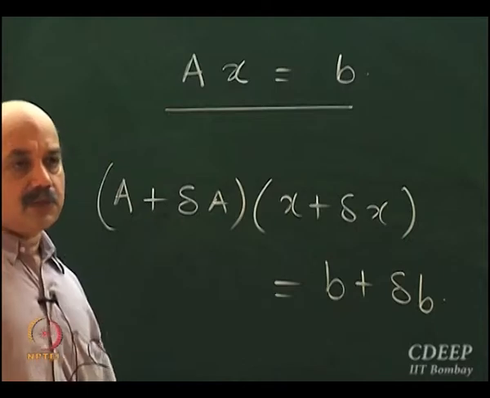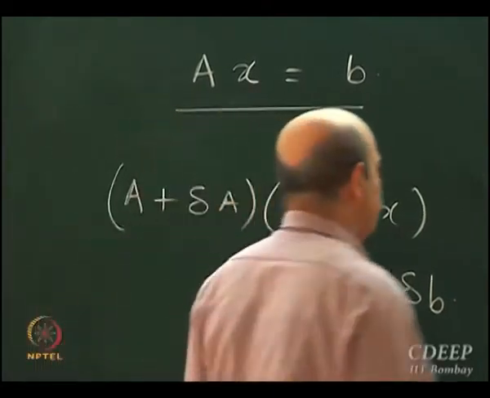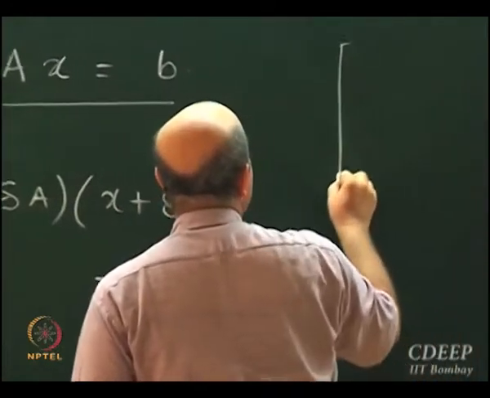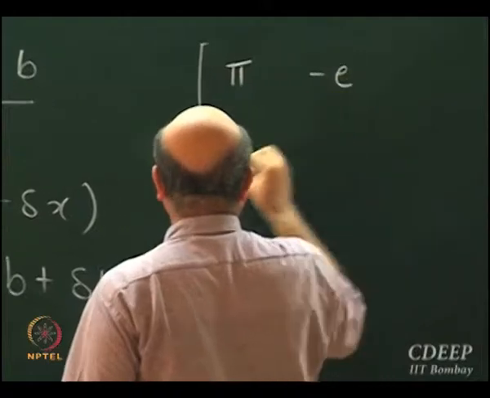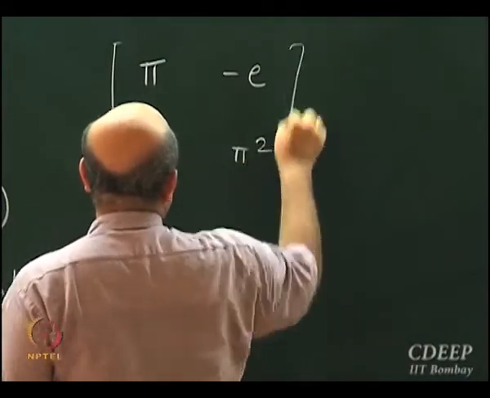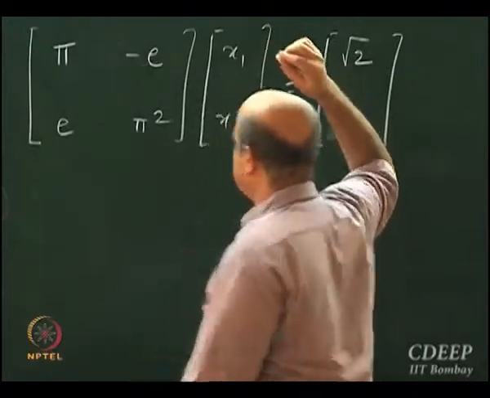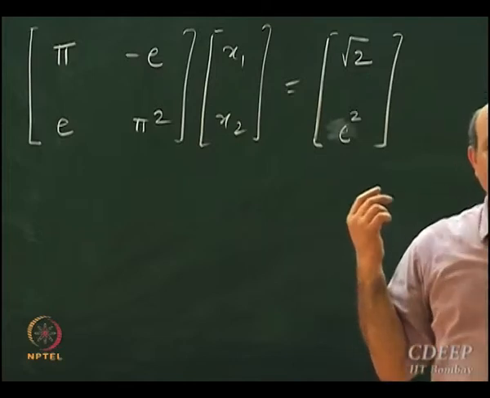In general, for most problems, let me give you a simple example. Let's say I have this problem with pi and e, and I want to solve it using a computer.